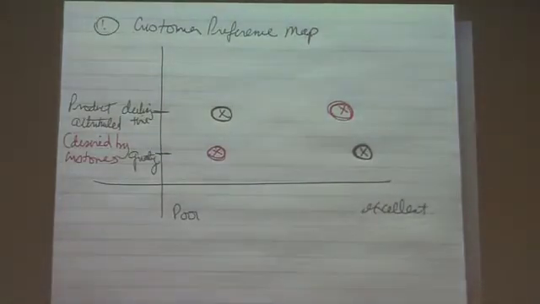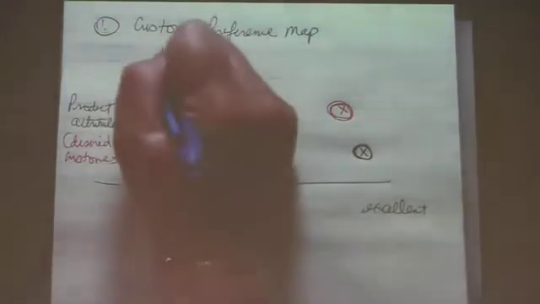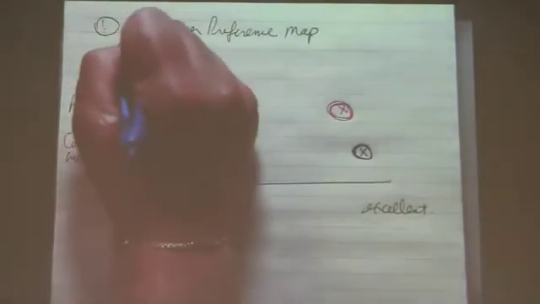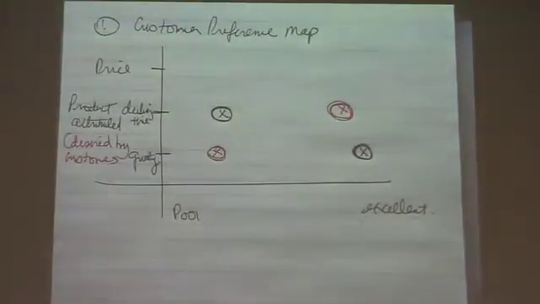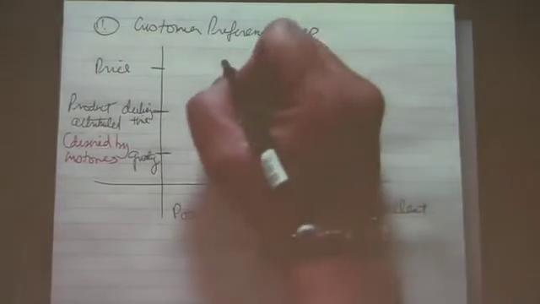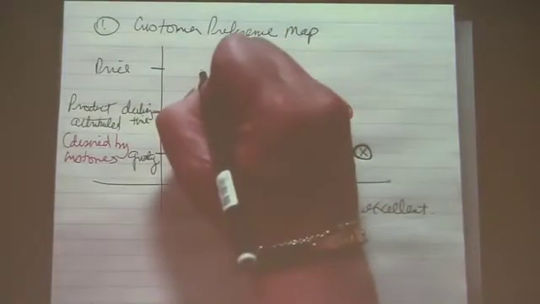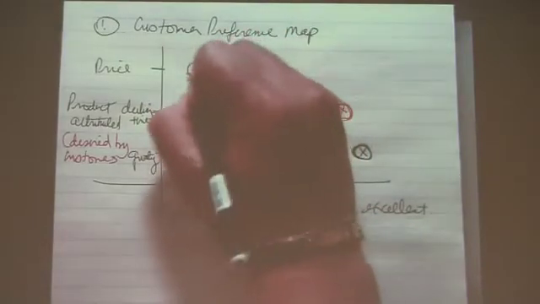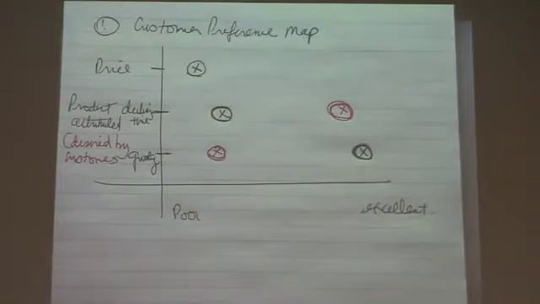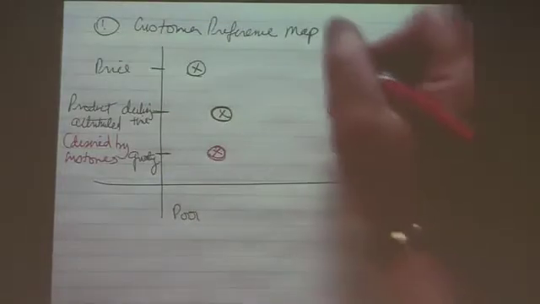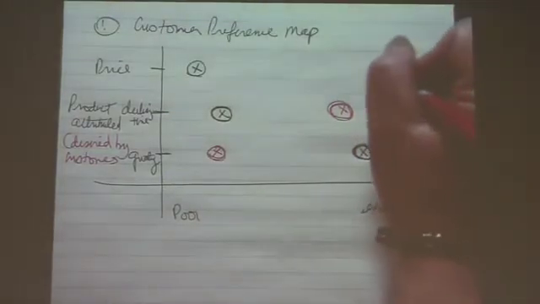Now, what about price? Price was the other attribute, right? It says here that the competitors have a higher price, and for us, our price is actually fairly cheap.